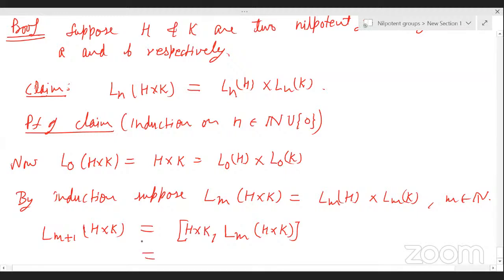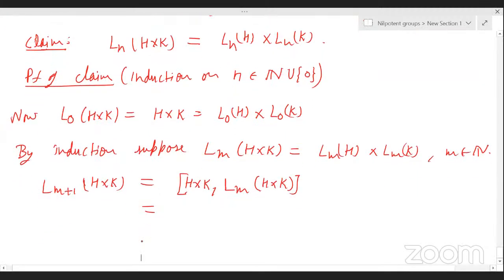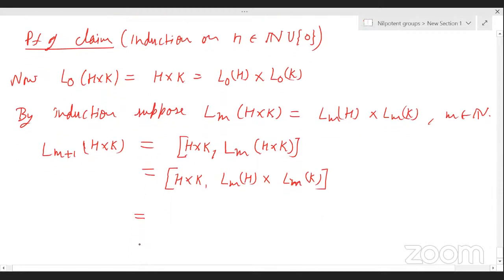Now, by the induction hypothesis, L_m of H cross K is L_m of H cross L_m of K. This is by induction. So we have assumed for m, and we have to show it for m plus 1. Now what is this set?